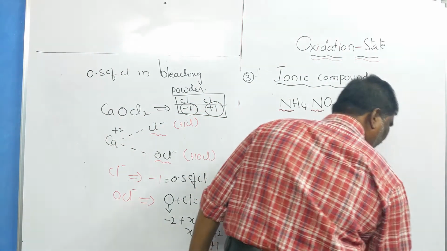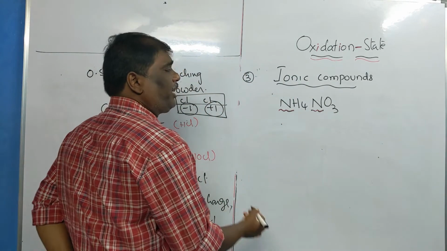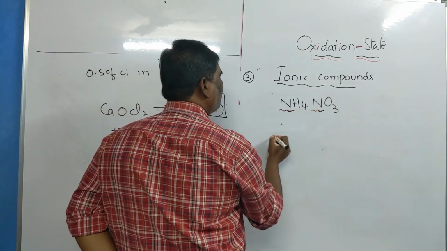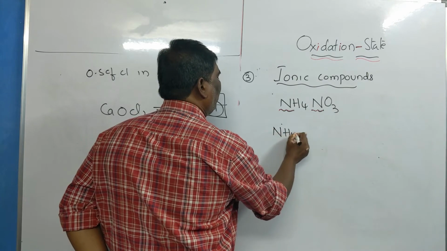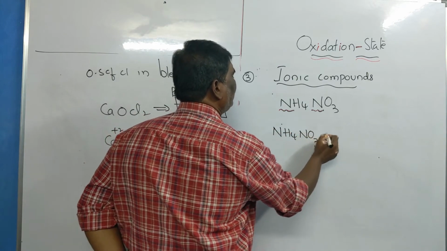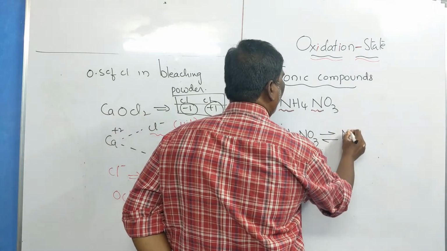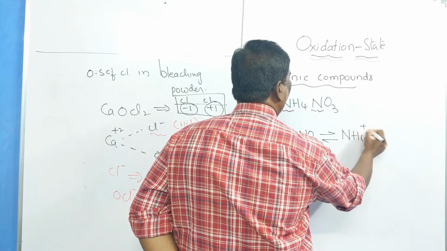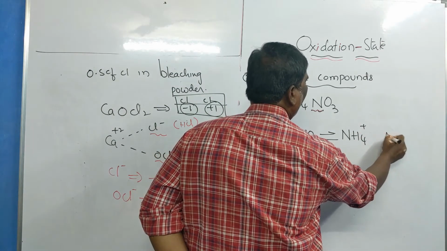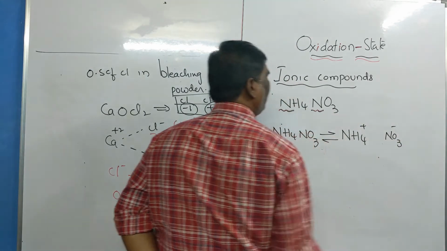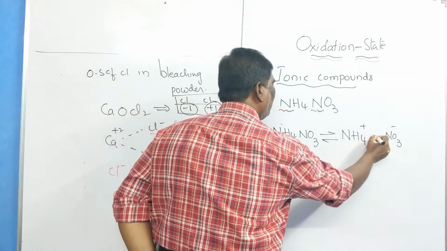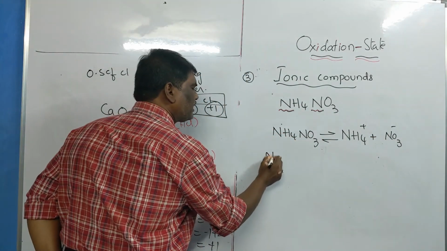Now you remember, ammonium salts are ionic in nature. Ammonium nitrate ionizes into ammonium plus ions and nitrate minus ions. That's why these are calculated separately.